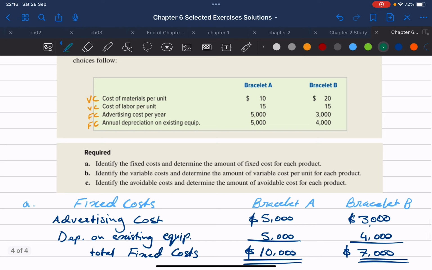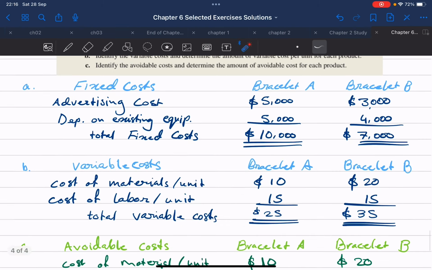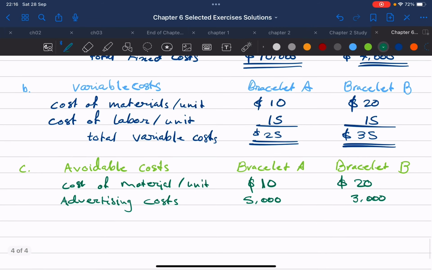Last one is the annual depreciation on the existing equipment. And again, because the depreciation cost is different under each of the scenarios, that makes this cost avoidable. So we're also going to include it here.